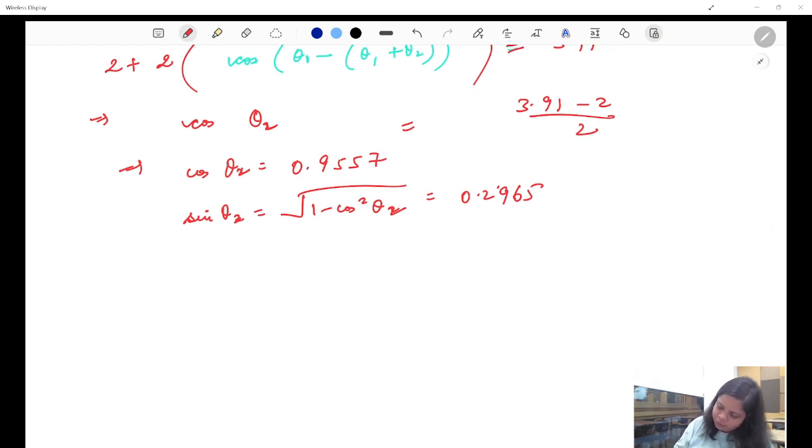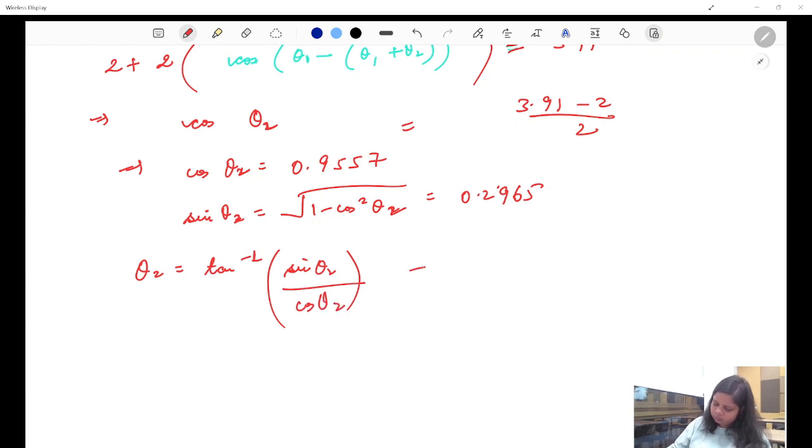So, after this, you can write theta 2 is equal to tan inverse of sine theta 2 by cos theta 2. So from here you can find theta 2 to be equal to 0.2943.